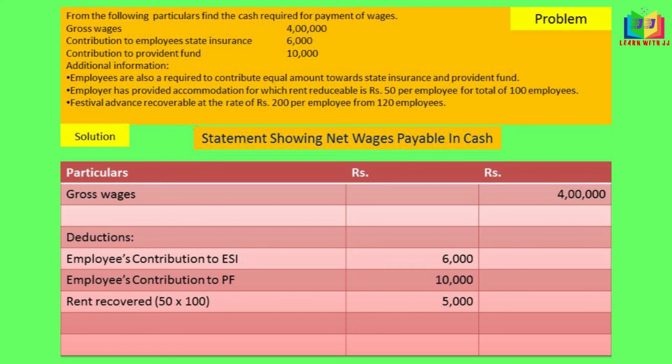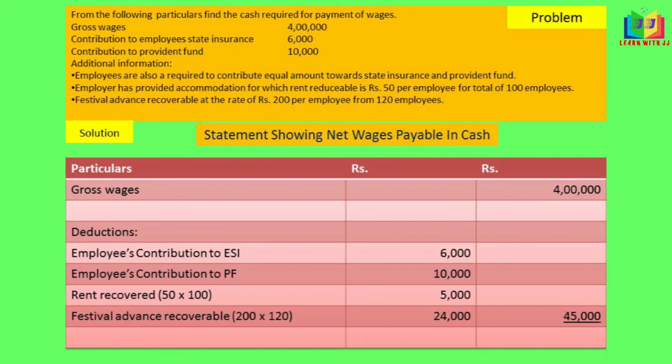And next thing is that festival advance is to be recovered from the employees, and it is 200 per employee from 120 employees. So 200 into 120 will get 24,000. And this also is to be subtracted from the gross wages. So together we got 45,000. Deduction is 45,000.